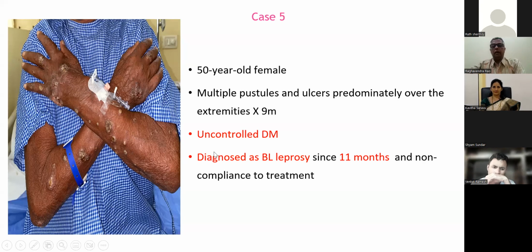Then when we delved deep into the history, she said that she was diagnosed with BL Hansen's leprosy 11 months back. The treatment was started at her hometown, but she was not compliant, because whenever she took treatment, she used to develop this kind of pustular or nodular lesions and severe body ache. That's why she stopped treatment.